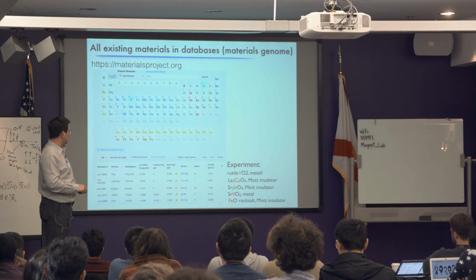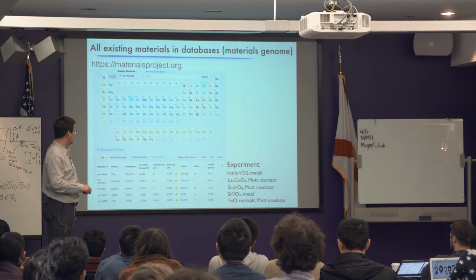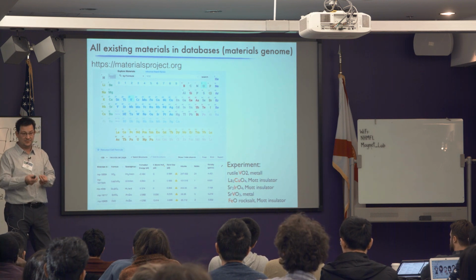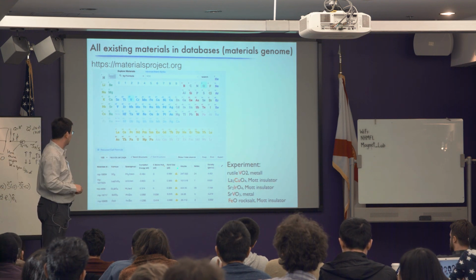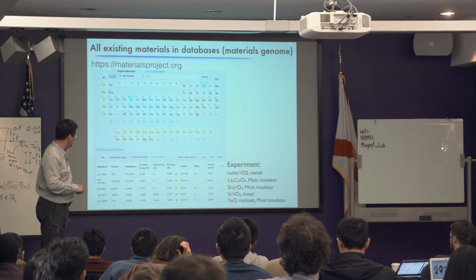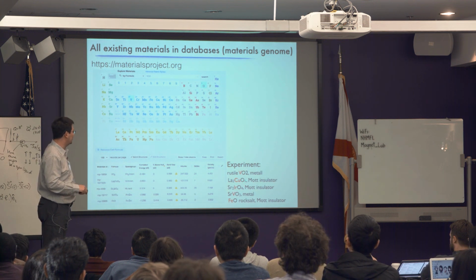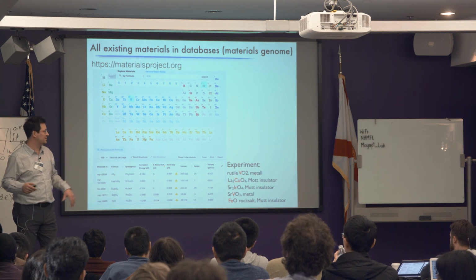Okay. So VO2 in the rutile phase, P42/mnm, is a well-known metal. It's close to the metal-insulator transition, so it undergoes a metal-insulator transition, but in the rutile phase, it's clearly metallic. And if you look at this database, they predict a gap of 1 eV. Then you look at La2CuO4, which is the parent compound of high TCs, isn't it? We know it's a Mott insulator.